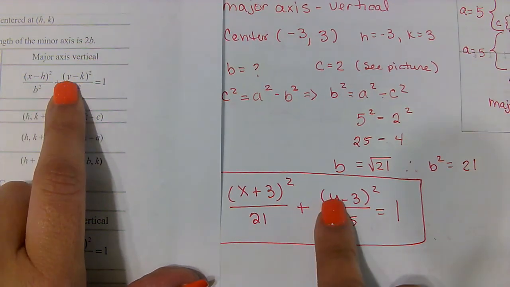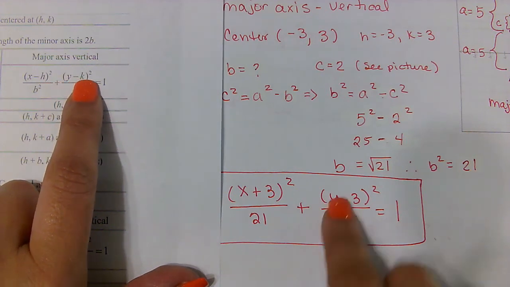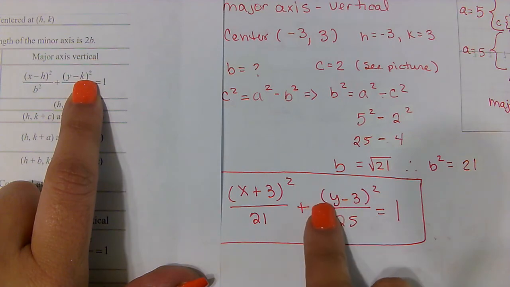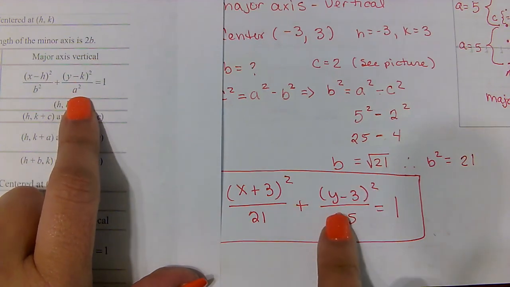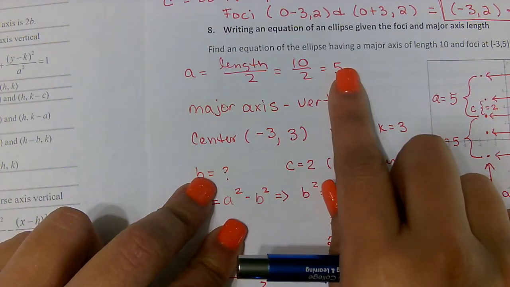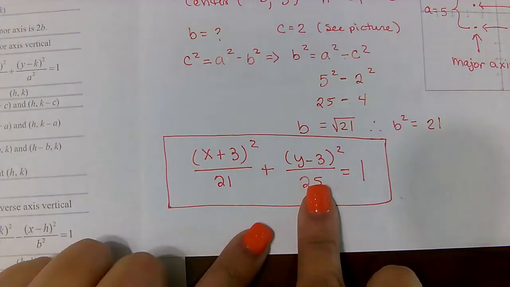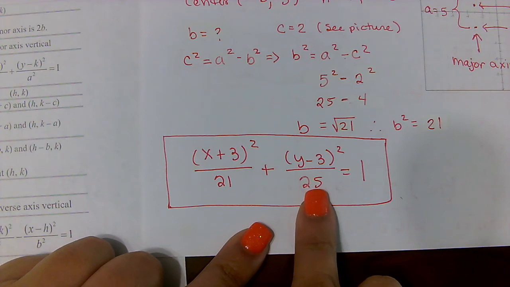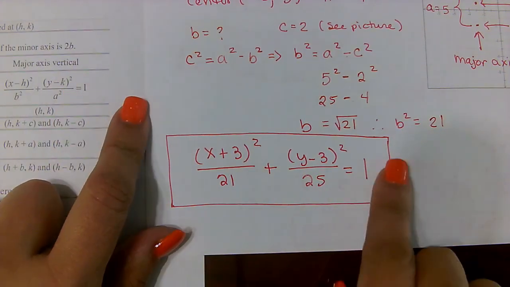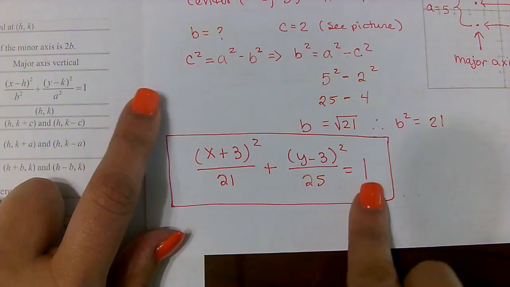Plus y minus k. k is going to be 3, so I just put a 3. Put all of that in parentheses, square it, divided by a squared. We already said that a is equal to 5, so I put 5 squared, which is 25, and set all of that equal to 1. So this is going to be our final equation.